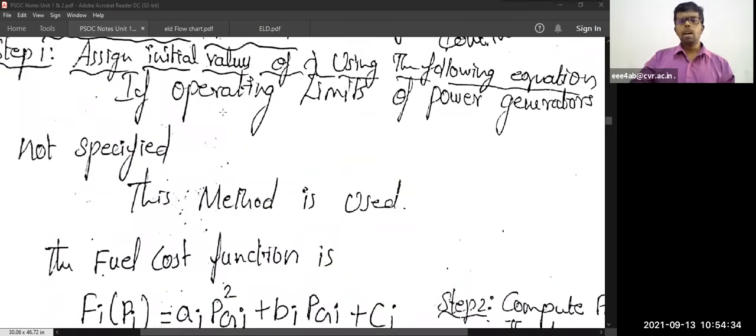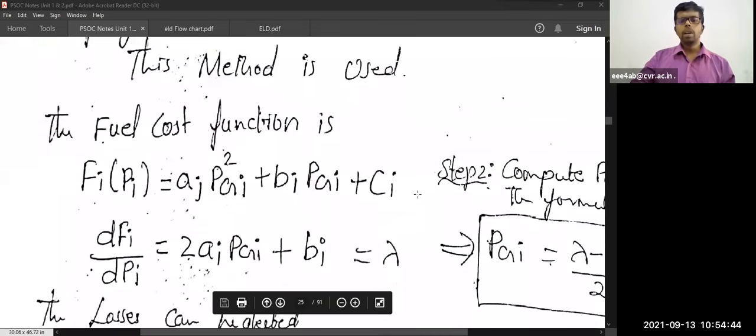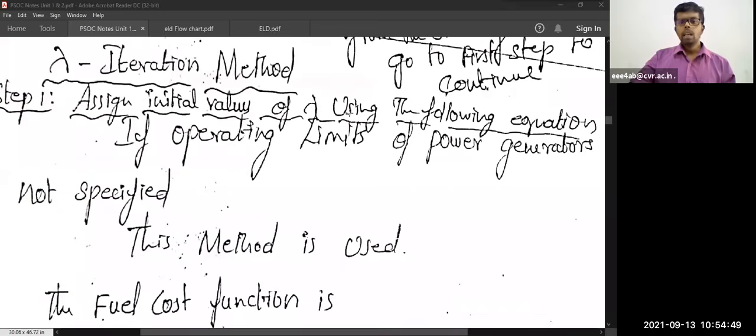No need to memorize what lambda is like that. We know the general formulation, the fuel cost function, and from that we are going to find out lambda. No need to memorize the formula for lambda.